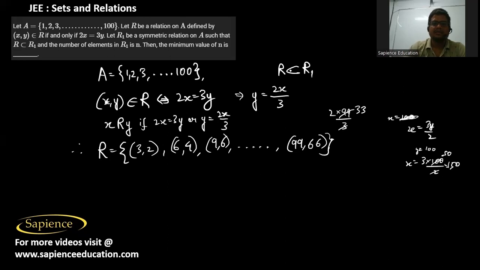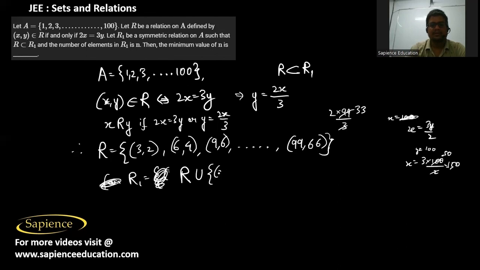Then it is told that R is a subset of R1, where R1 is a symmetric relation on A. So R1 should be symmetric, and there should be a minimum number of elements in the set R1. So it should contain all the elements in the set R, and it should also contain the elements (y, x).